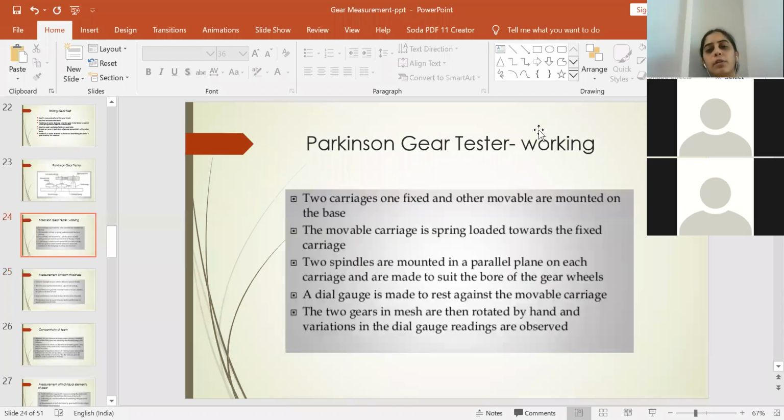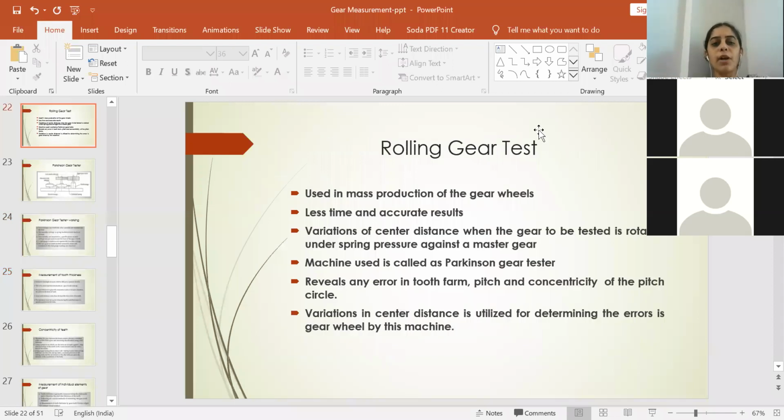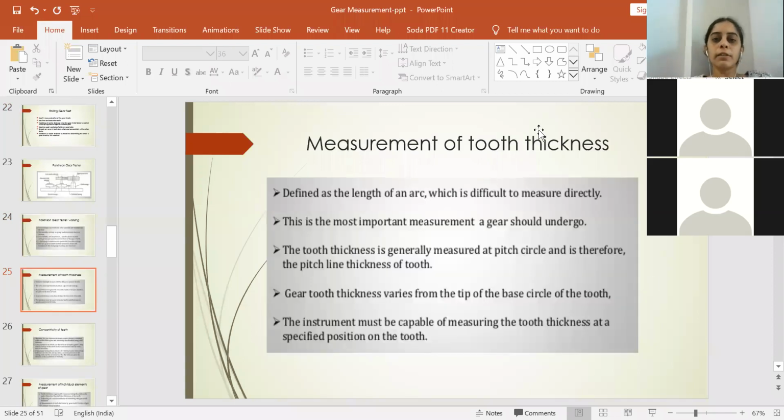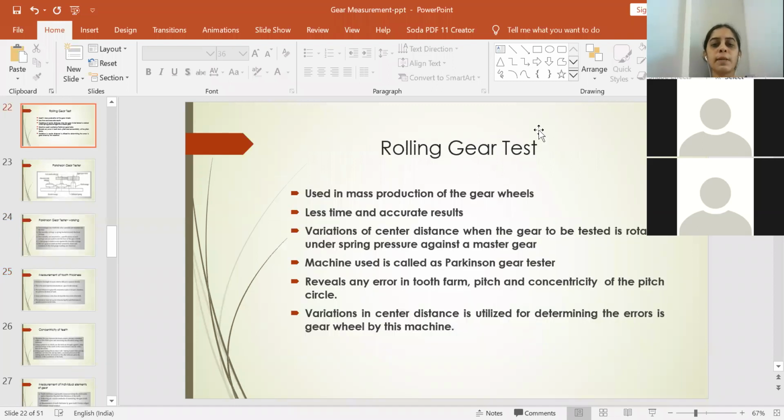So this is about the rolling gear tester. What you have to understand is that this rolling gear tester helps in determining the error associated with our tooth form and the error associated with respect to the pitch circle.